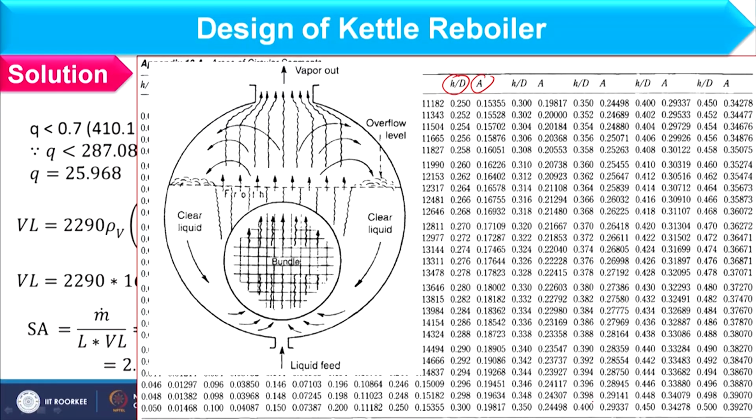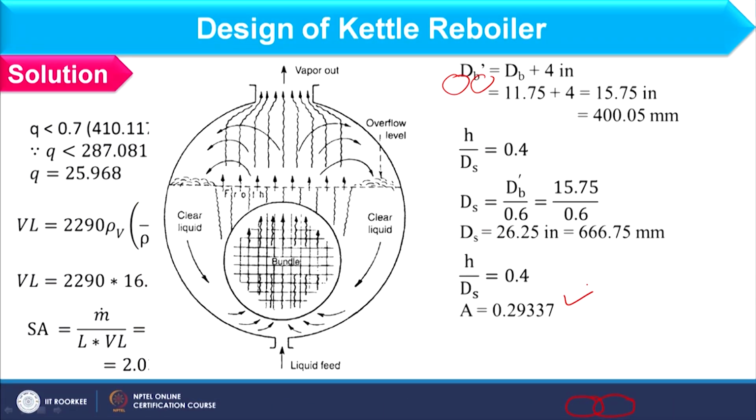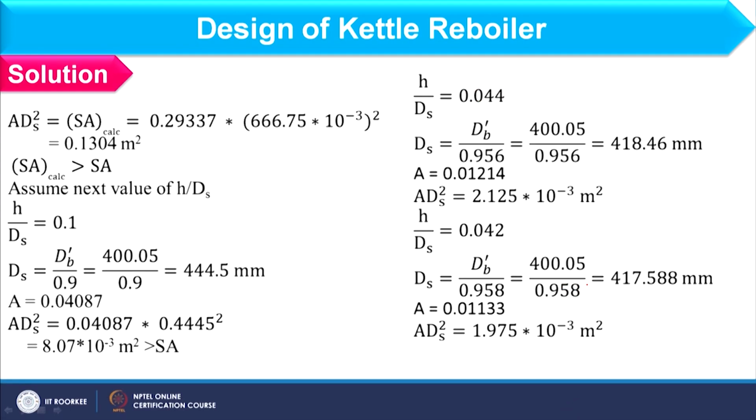So, if I focus on h by d as 0.4, a value should be 0.29337. So, this value you can note down over here, and further we can find out the revised area as a into ds square. So, area we can obtain as 0.1304, okay, that I am considering as SA calculated, or you can simply consider that SA prime.